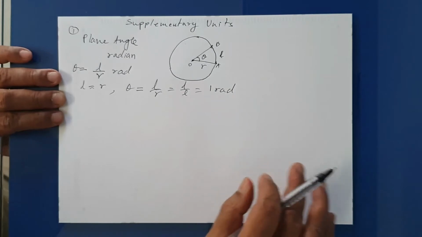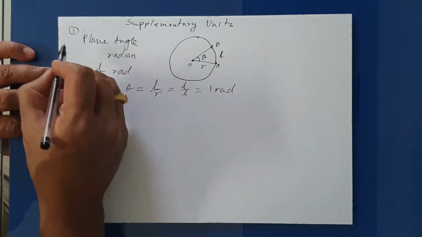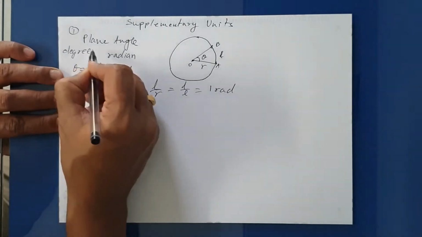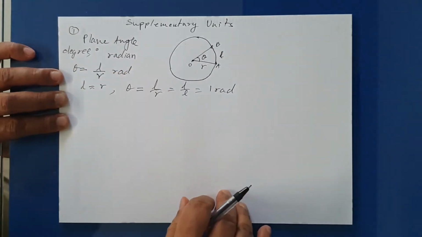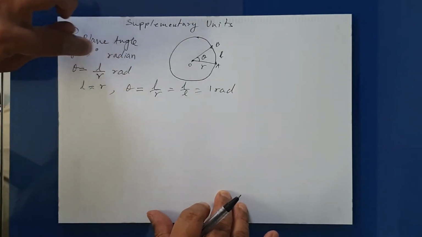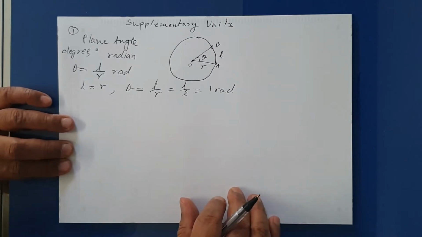Is that clear? Now I told you the other unit which we are commonly using for plane angle is degree, which we represent by a small circle. As radian and degree are the units of the same physical quantity, plane angle, there should be a relation between them.